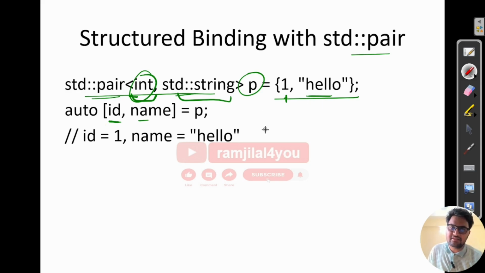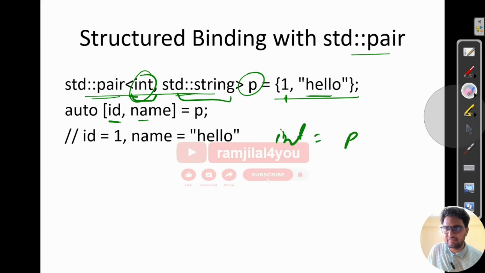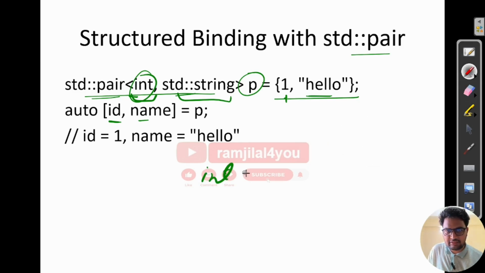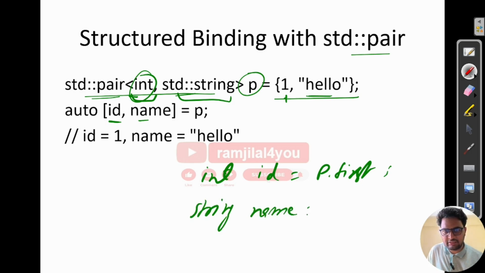The other way is to say int id equals p.first, and then string name equals p.second.